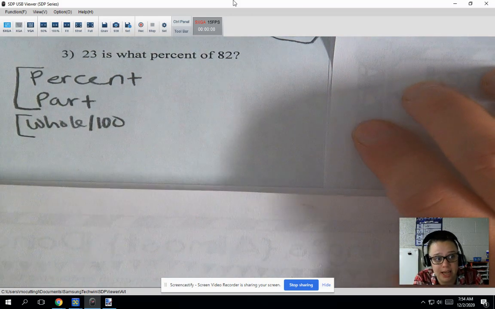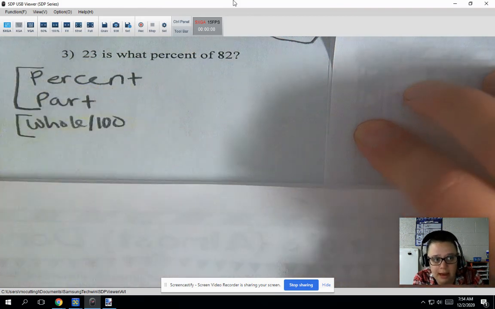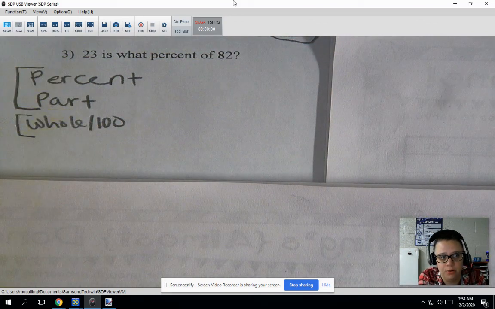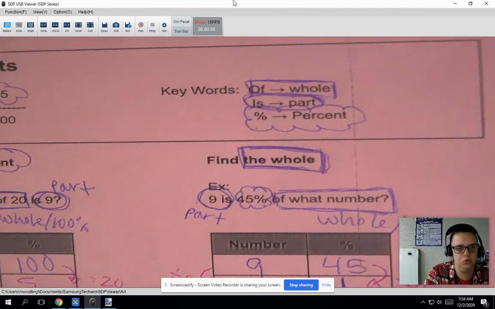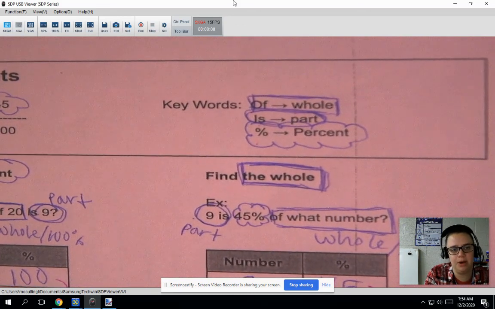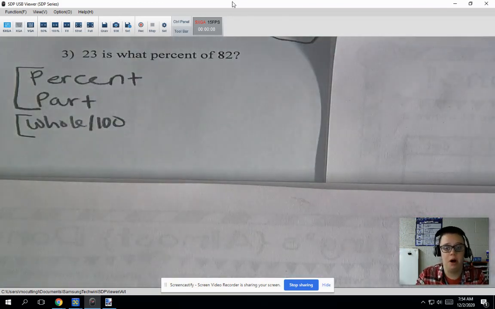Okay, this time I'm going to have you pause and fill this out without me, then we'll check it, then we'll go to the table. So pause to fill in your percent, your part, your whole slash 100, keeping in mind of is going to tell us about our whole, is going to tell us about our part, percent symbol tells us about our percent. Okay, so pause.